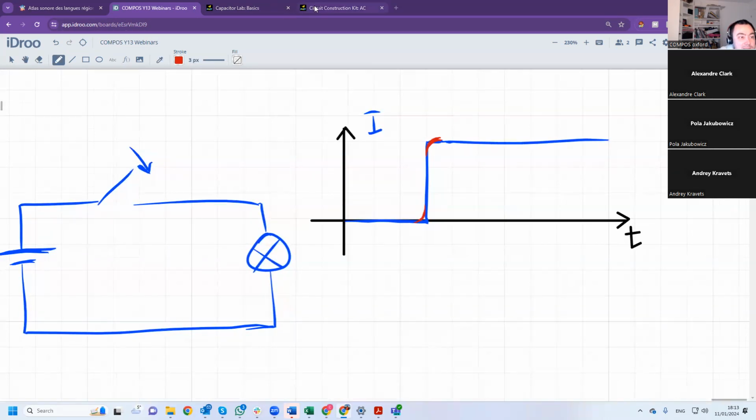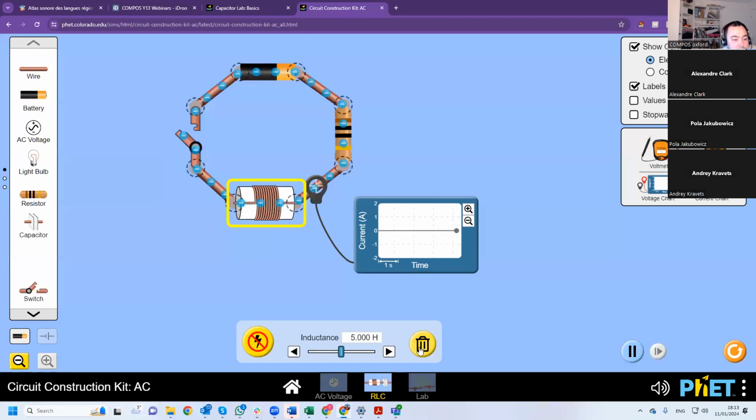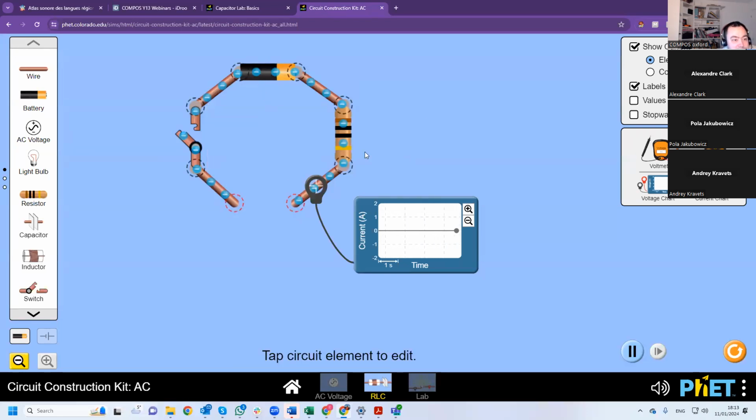Let's have a look. We have a battery and a resistor, and we switch on the switch, and you can see the step. Once again, it's 0, 0, 0, 0, and then bam. This step is theoretical.